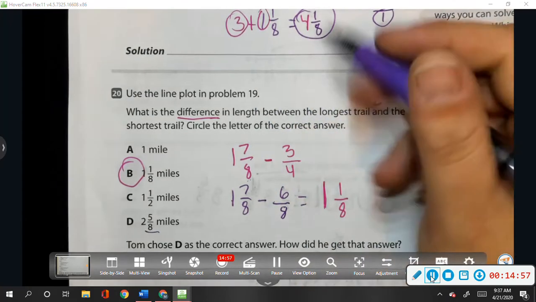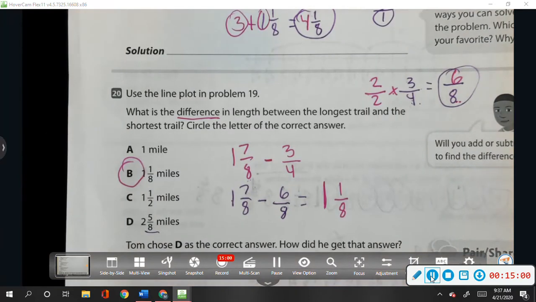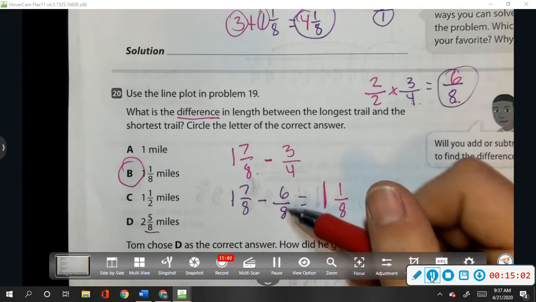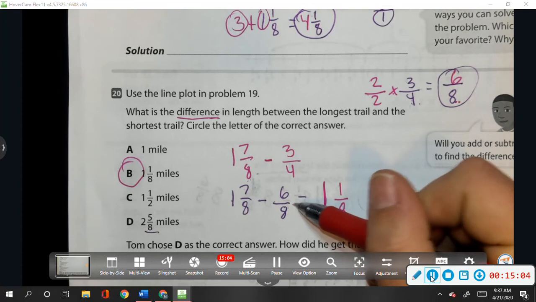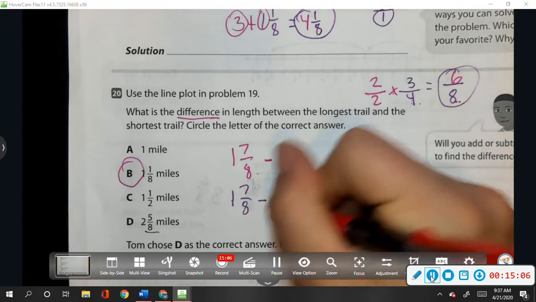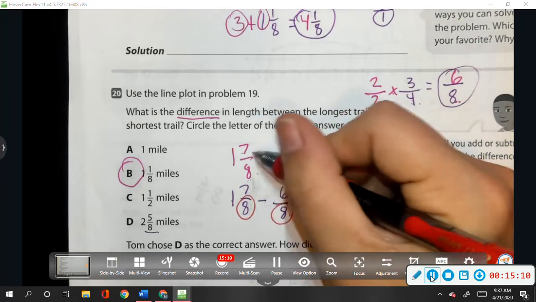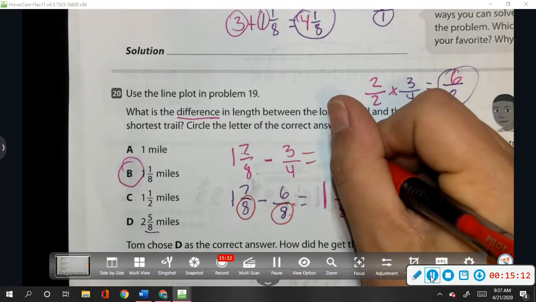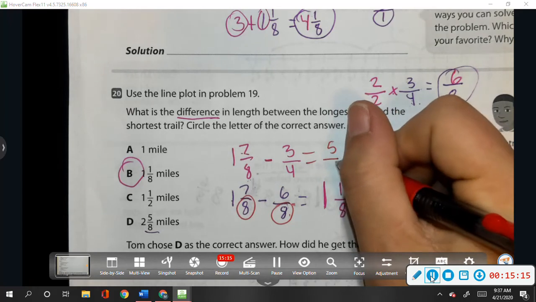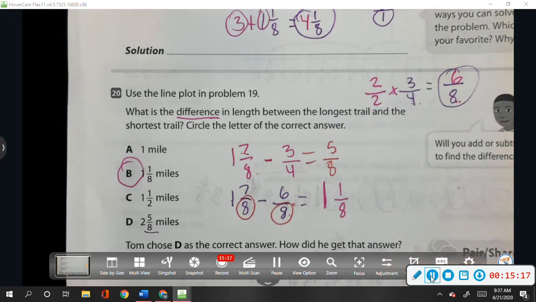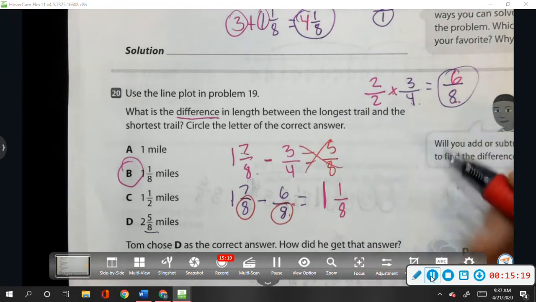So if he got D, he must not have done this first step of changing this fraction to an equivalent fraction with a denominator of 8. He must have just gone right through and said 7 minus 3 is 5, and then just left the denominator of the first fraction, is how he would get that answer.